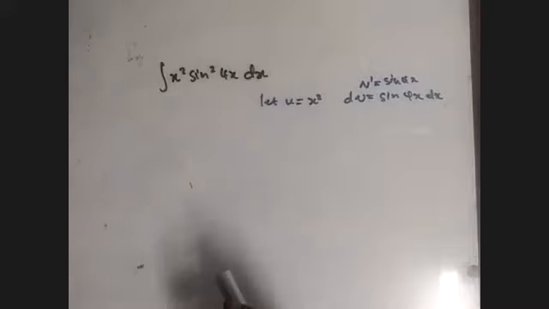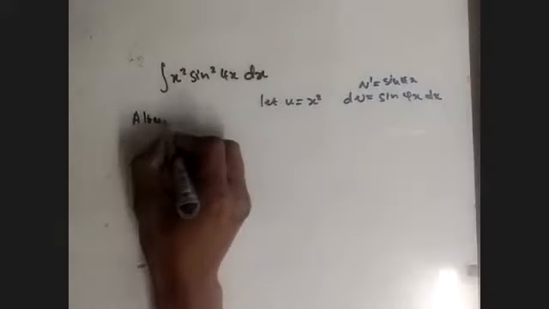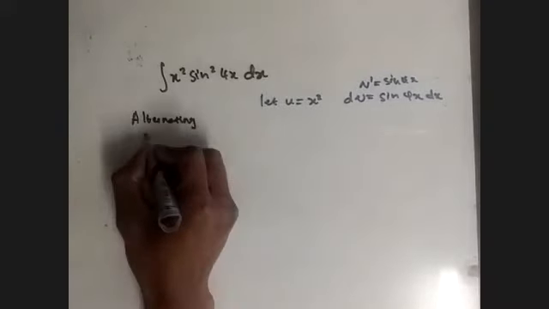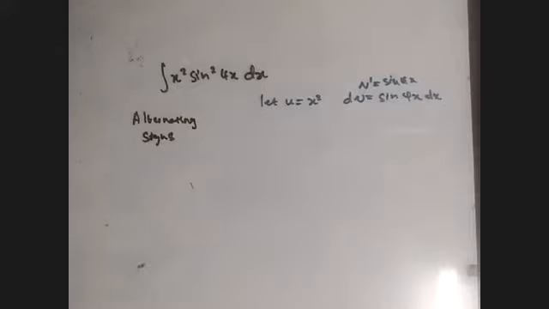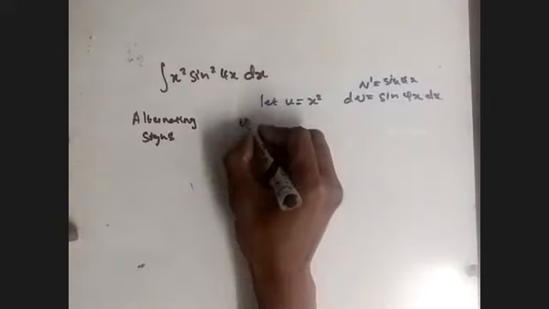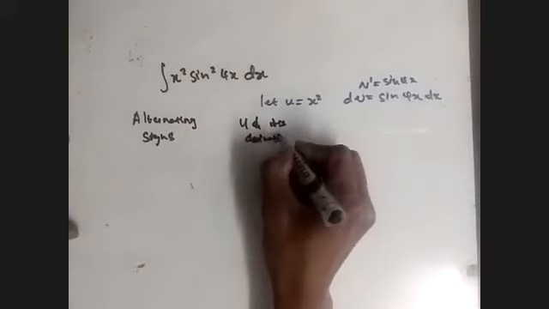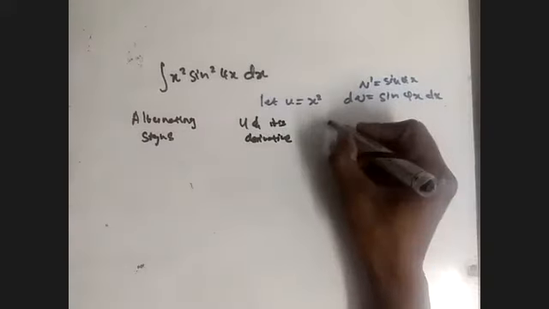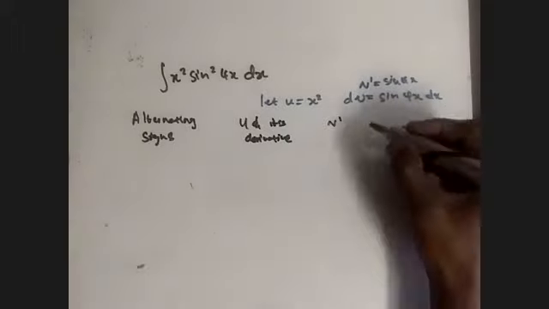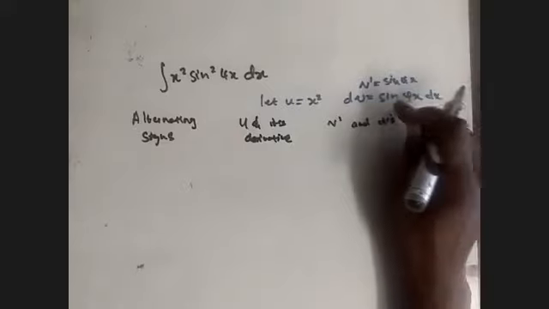Now we're going to write this thing called the tabular method. In the tabular method, we have a side which we call the alternating signs, and a side which we call u and its derivatives, and its antiderivatives. Some people will call it different ways, it doesn't play a huge role.